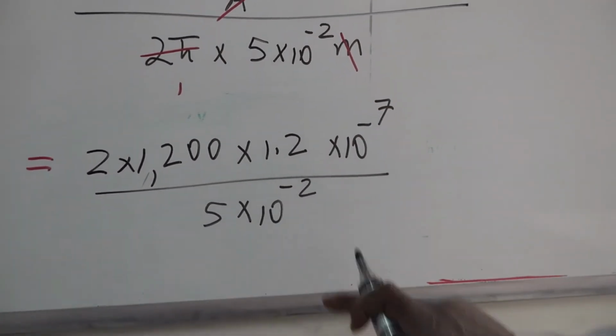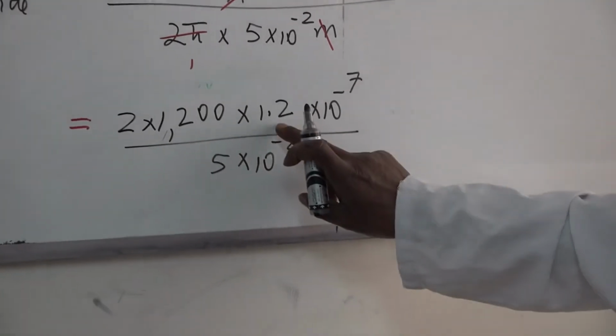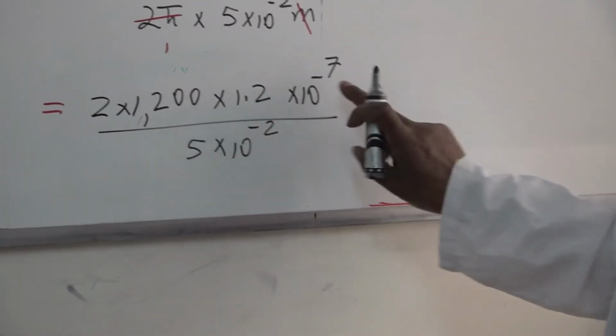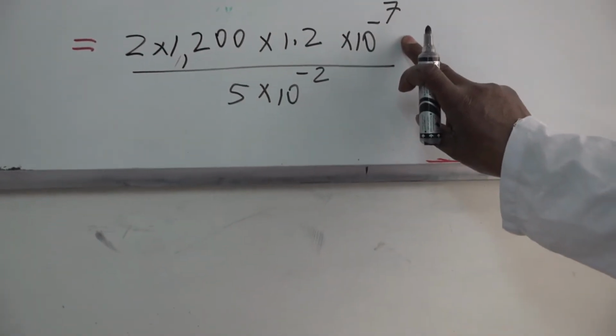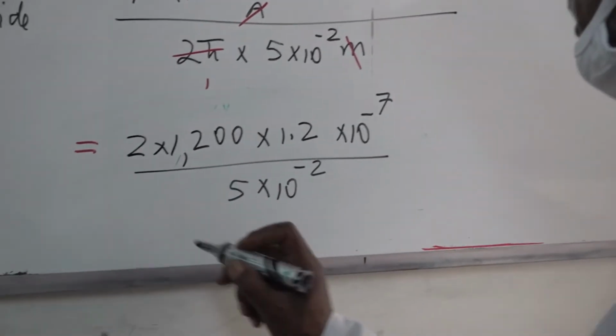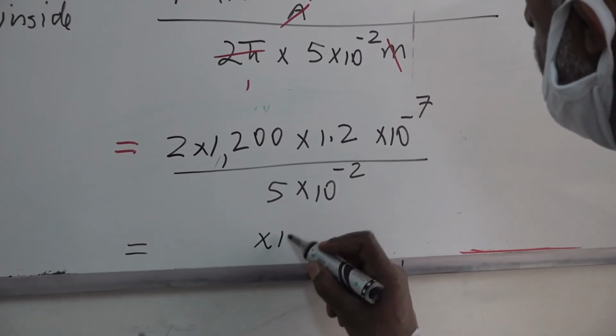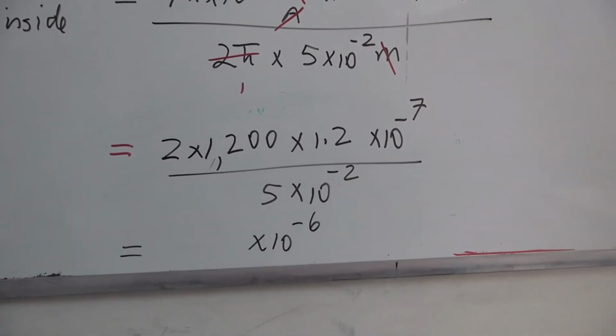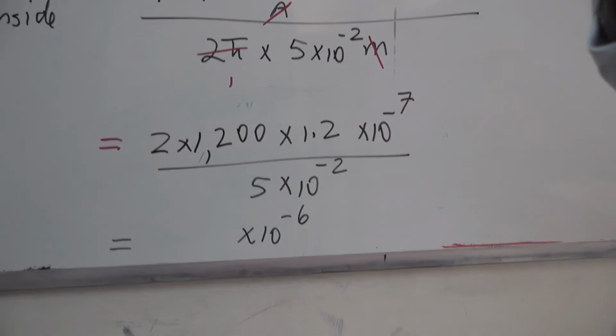Let's remove decimals, they are not good. 10 to the power of minus 1 from here, with this one 10 to the power of minus 8. 10 to the power of minus 8 divided by 10 to the minus 2 gives you 10 to the power of minus 6, as we have done earlier.